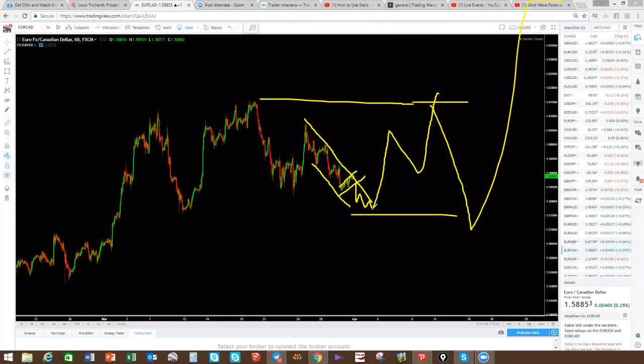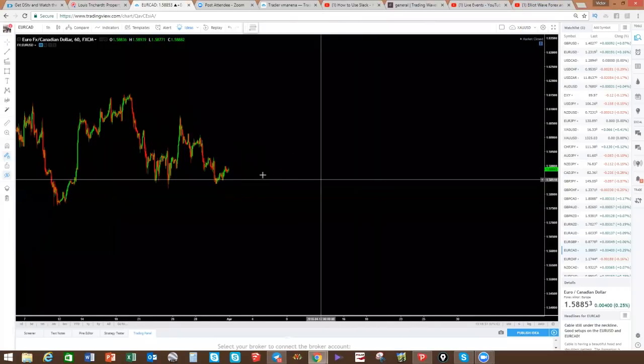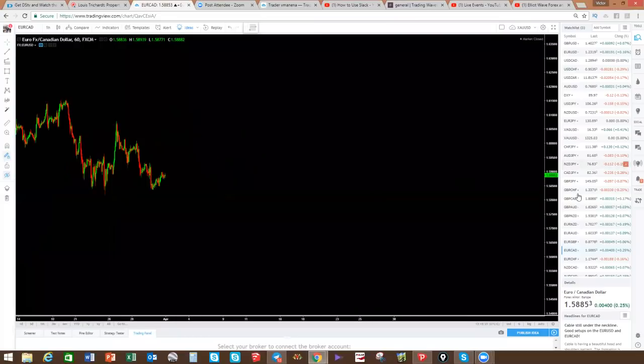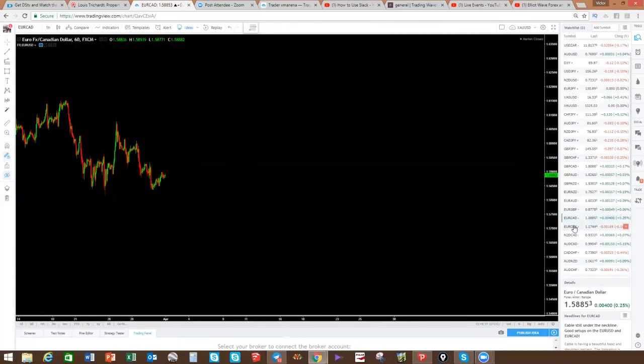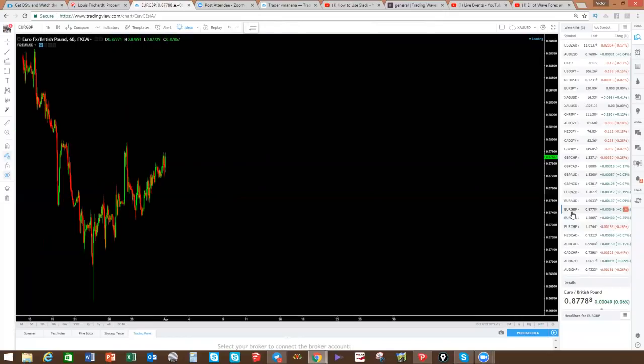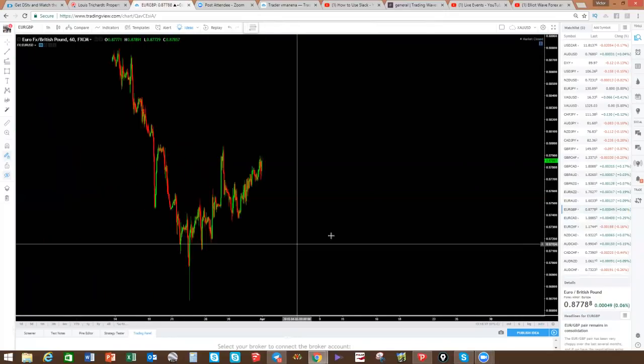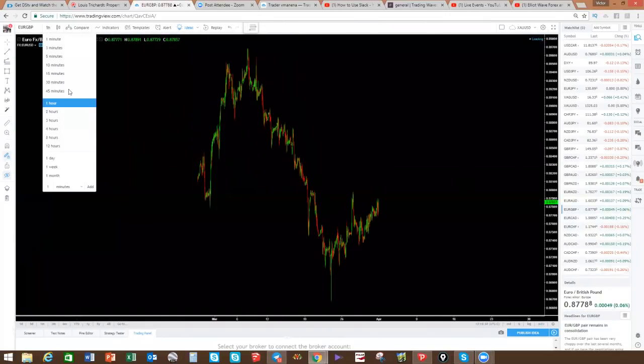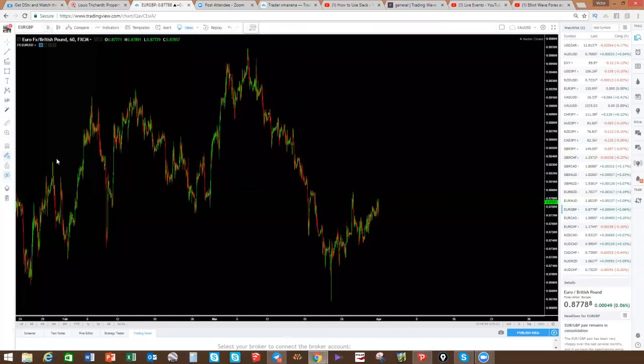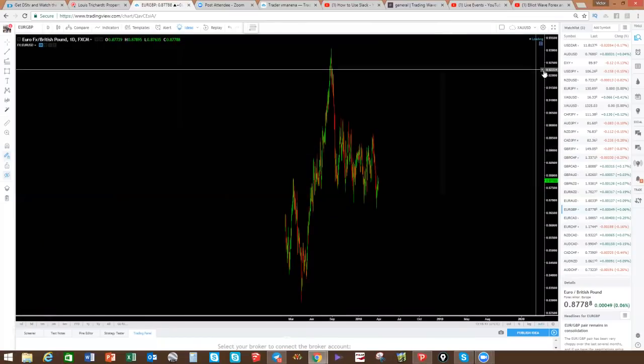So we need to watch this structure. It's not going down impulsively like we expect. Okay, it's going correctively. We'll have to keep an eye on that one. So that's all the Euro pairs, Euro pound, daily. Let's look at the whole structure.